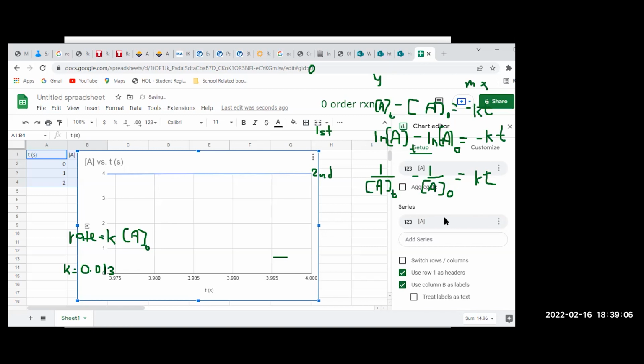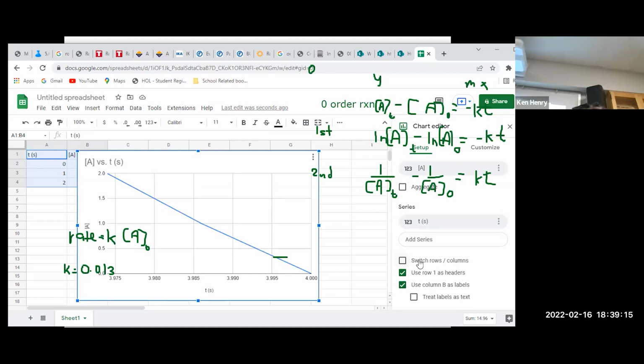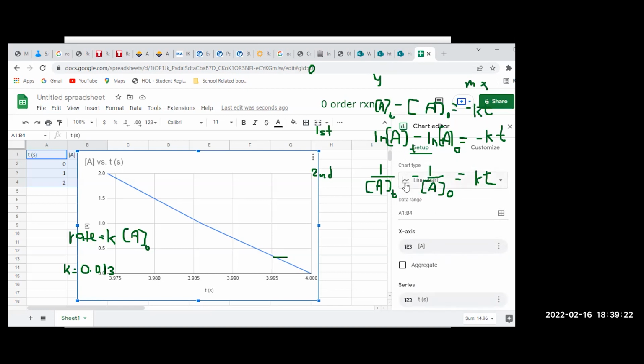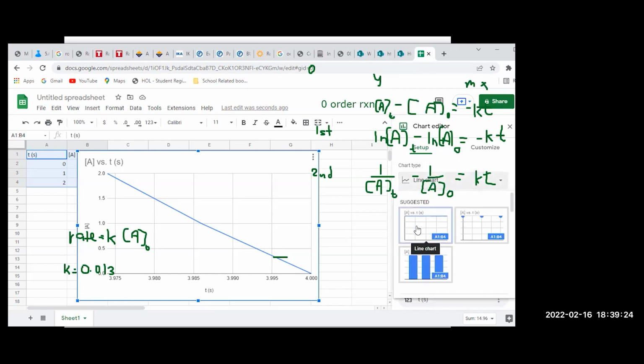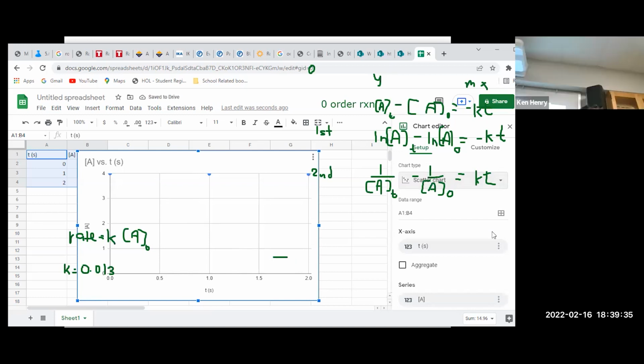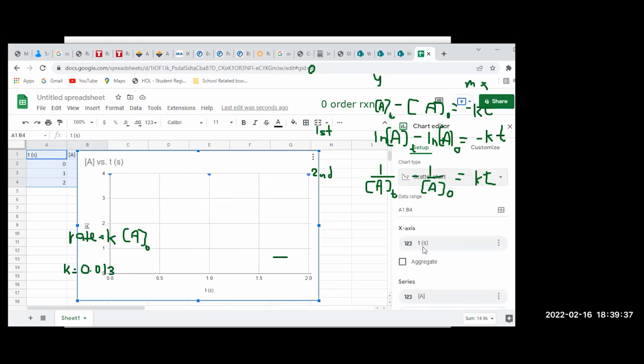And then change your series to the times per second. And then you can scroll up to set it to the scatter plot.